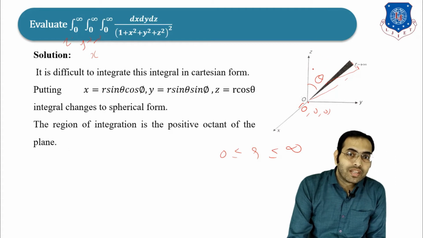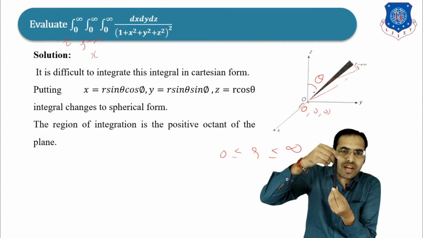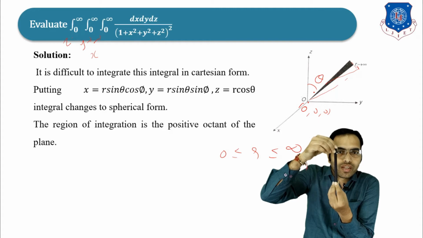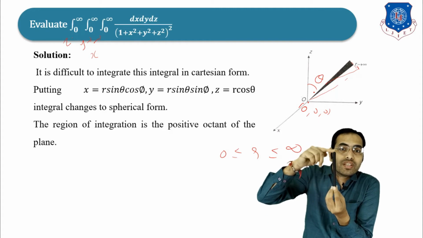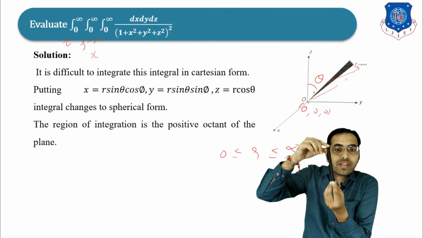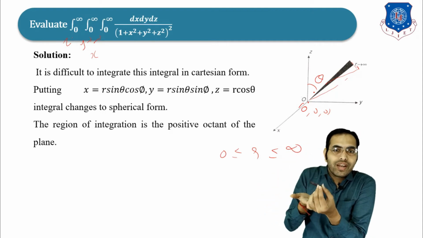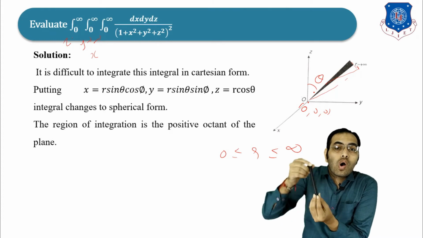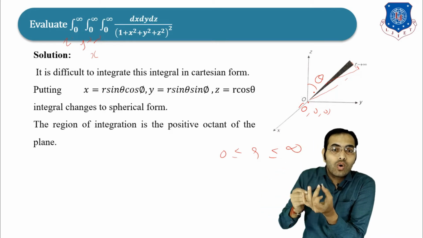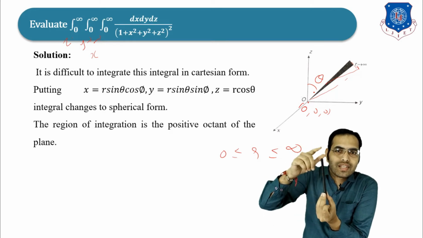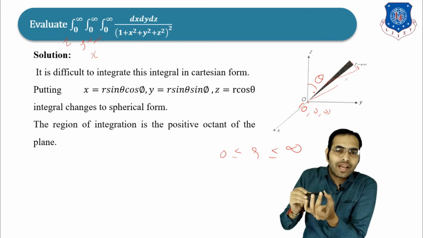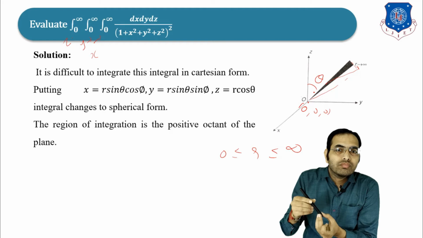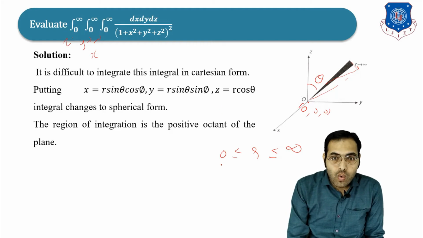Now, this one is the z axis, and when the radius vector moves up to this position, at the z axis the angle will be 0, and when the radius vector moves until it touches the xy plane, the angle on the xy plane is pi by 2. That means theta varies from 0 to pi by 2: at the z axis the angle is 0, and up to the xy plane the angle is pi by 2.